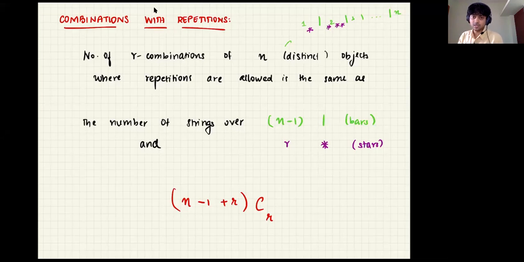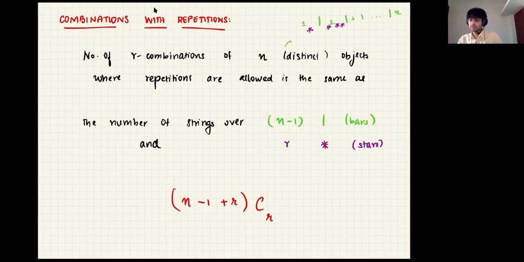So the question boils down to finding the number of strings with n minus 1 bars and r stars. The total length of the string is n minus 1 plus r, and you want to choose r positions for the stars, so you get n minus 1 plus r, C r.